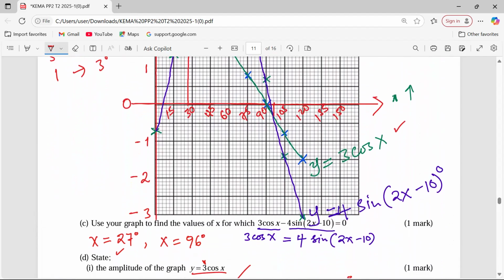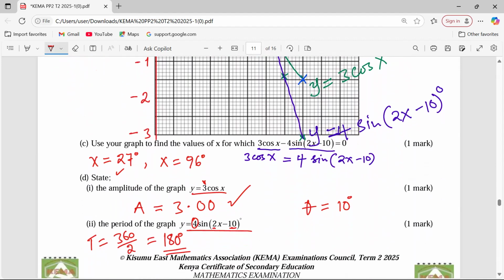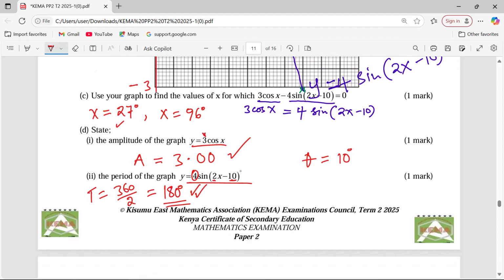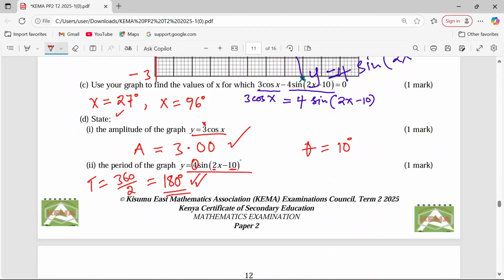Something else that we could have used, assuming that we were told to use the graph to find the period, I want to show you how to interpret it to get your 180 instead of using the function. From the function we know that given y equals a sine of kx minus or plus a certain angle, we are supposed to know that from this general function the amplitude equals the value of a.